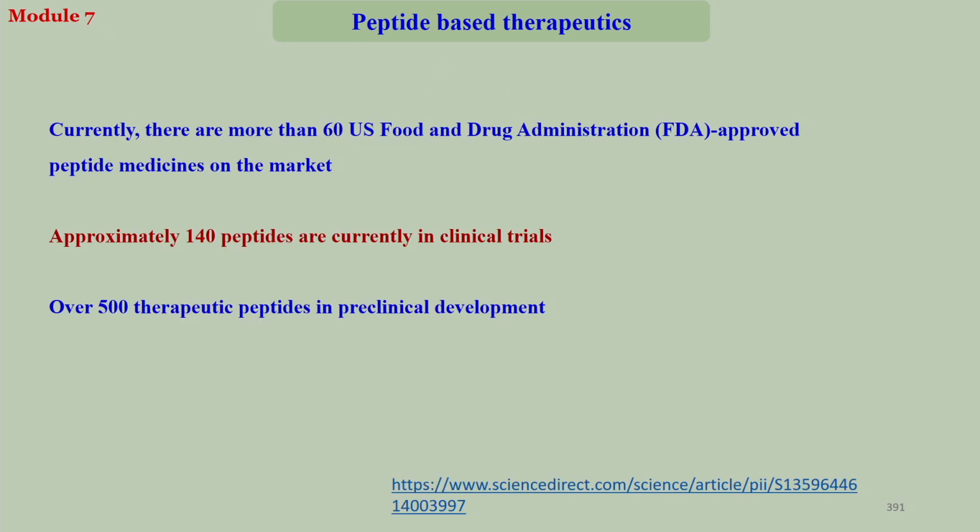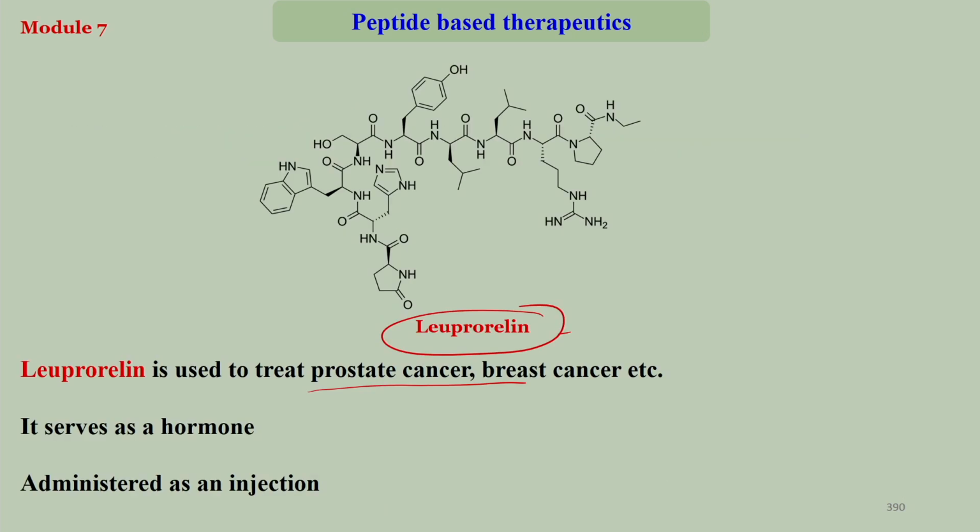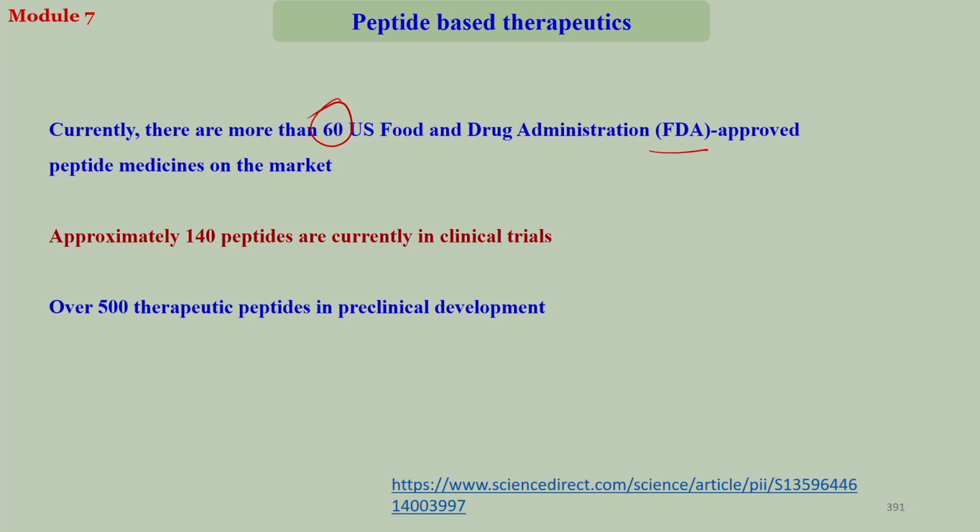Currently, there are around 60 peptides that are FDA approved medicines present in the market, and they have a huge turnover, billions of dollars actually. For example, this drug has an annual turnover of around $7 billion. So, 60 peptide based therapeutic agents are present in the market and used as medicines.